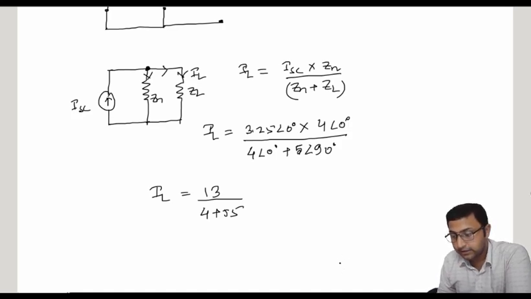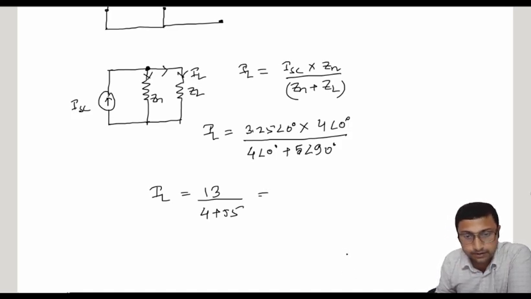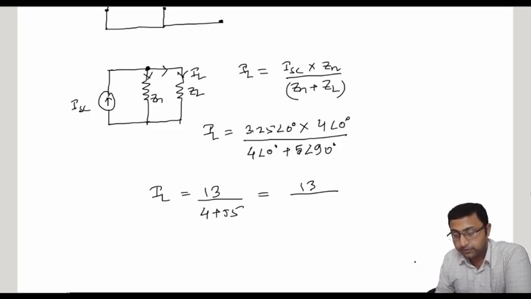Very simple thing. So again, 4 plus J5. If I add the two terms, 4 at an angle 0 degree plus 5 at an angle 90 degree, it is 4 plus J5, which I have already calculated in the first problem.